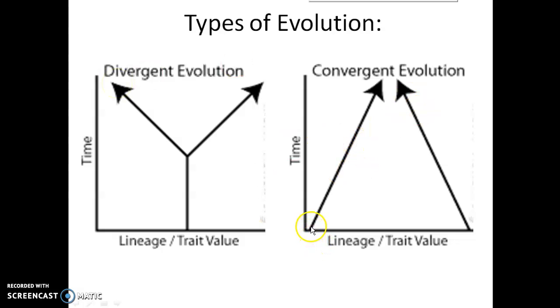Convergent evolution is the opposite. This is where we have two unrelated species, and as time goes on and adaptations happen, those two very different species start to look more and more like each other. They look very similar. Divergent, convergent. Divergent, things are becoming more different. Convergent, they are becoming more common, if you want some words to associate with those.